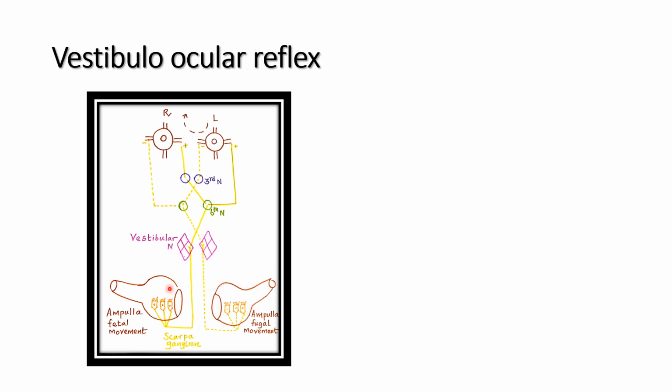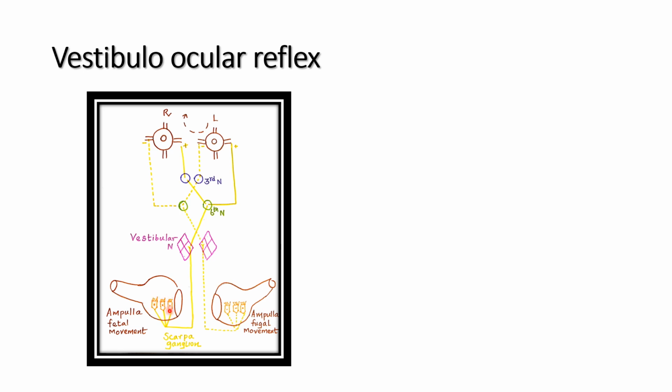Here the eye is rotating towards the right side, but the endolymph within the ampulla is moving towards the center, an ampullopetal movement. So it moves the hair cells from the stereocilia towards the kinocilium.